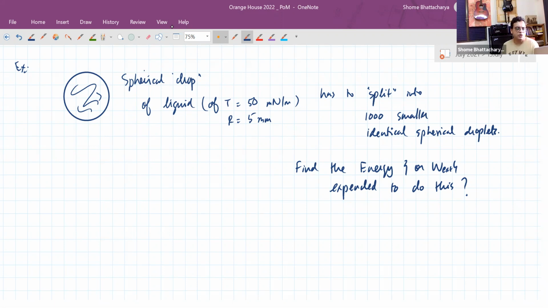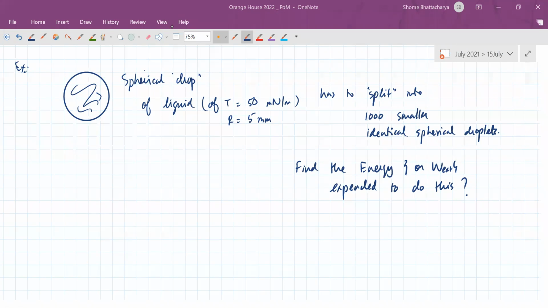If those 1,000 smaller droplets came in contact or very close to each other even, they would coagulate or coalesce into a single drop, because that would reduce the surface area. So now to go in the reverse of the natural process, energy has to be expended. It has to be supplied. So that you have to calculate over here. So just try this question out, people, we will discuss. This is one of the most common types of questions from surface tension in the NEET exam.